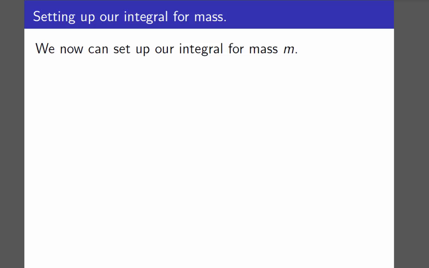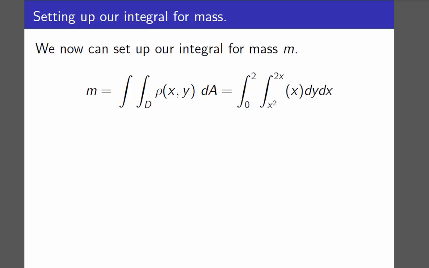We can now set up our integral for mass. The equation we use for mass is m equal to the double integral over the region D, with the integrand being the rho function of x and y. Well, from the previous slide, we know that y varies from x squared to 2x, and that x varies from 0 to 2, and for the rho function, we just plug in what was given in the problem, which is rho of x, y equal to x.